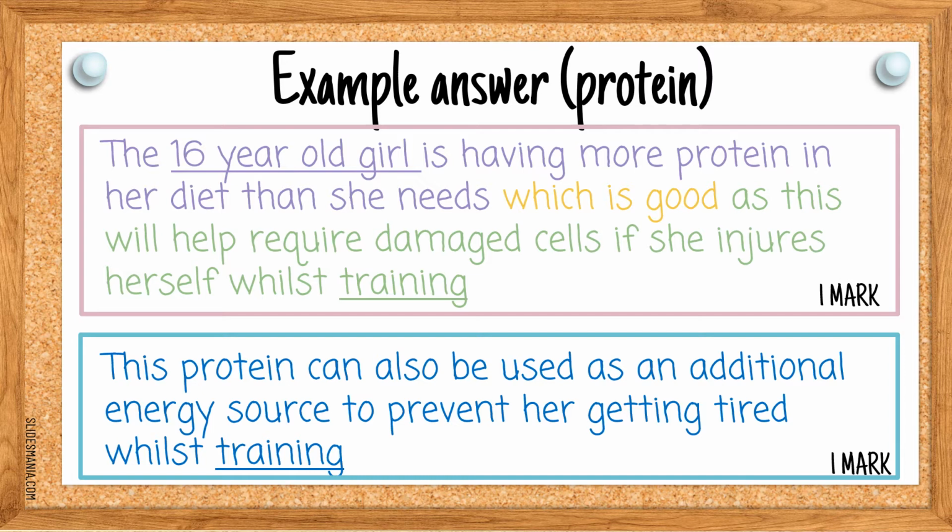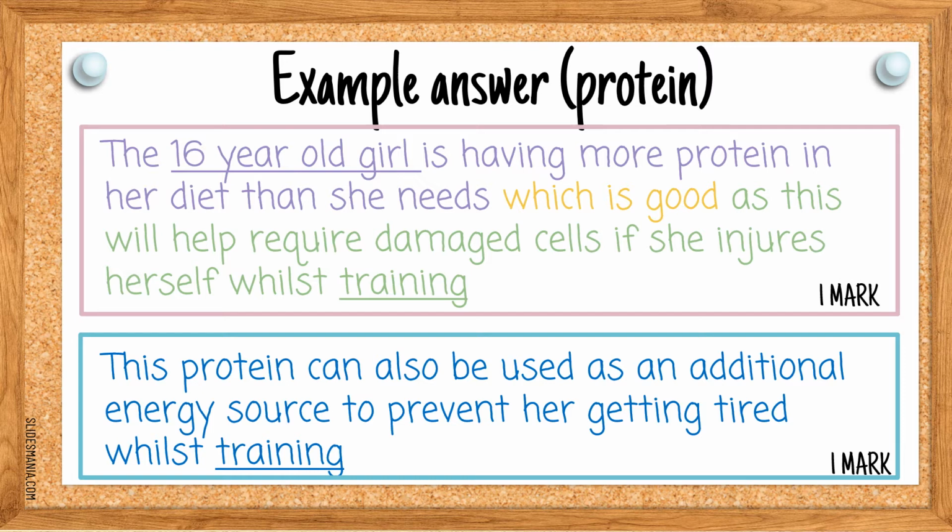So remember, she's an ice skater and she's training 4 times a week. So we've been specific to the person in the question. We've stated that it's a 16-year-old girl, and we've also linked back to the fact that she's training. So the first box would be our fact, our opinion, and our consequence, and that would get us 1 mark.